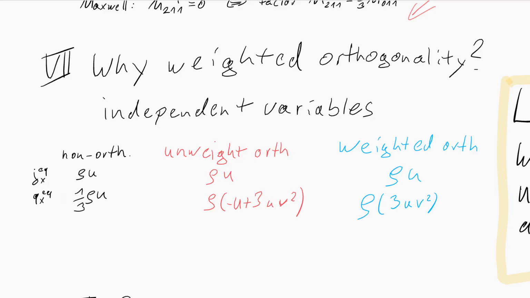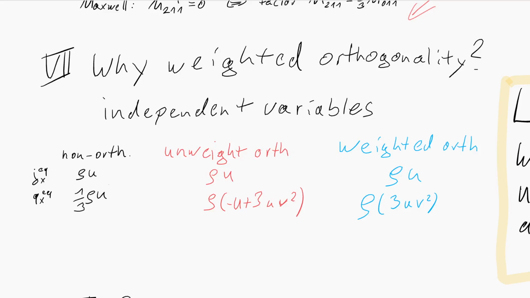And we see if we use non-orthogonal moments, then the momentum here would be rho u, and the equilibrium for this moment Qx would be 1/3 rho u. So we see these two things are just proportional to each other, so they are not independent of each other.